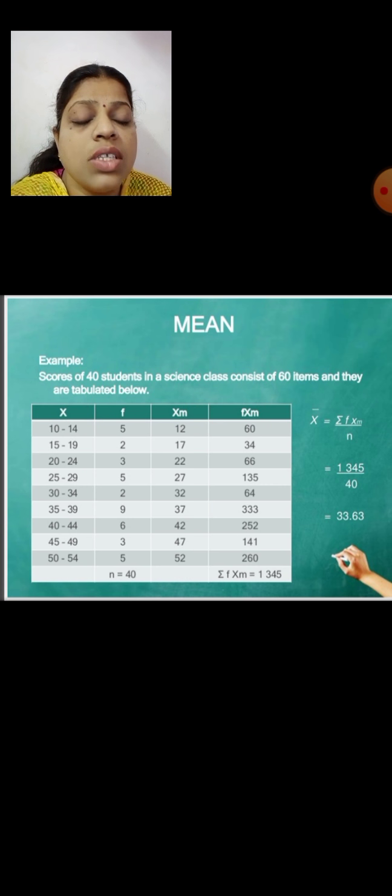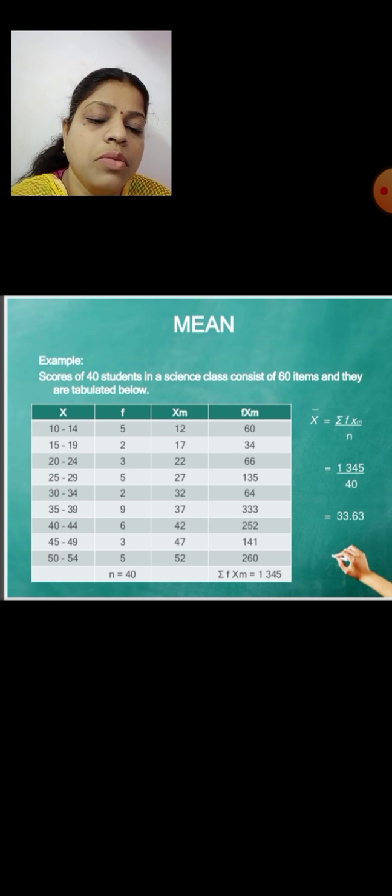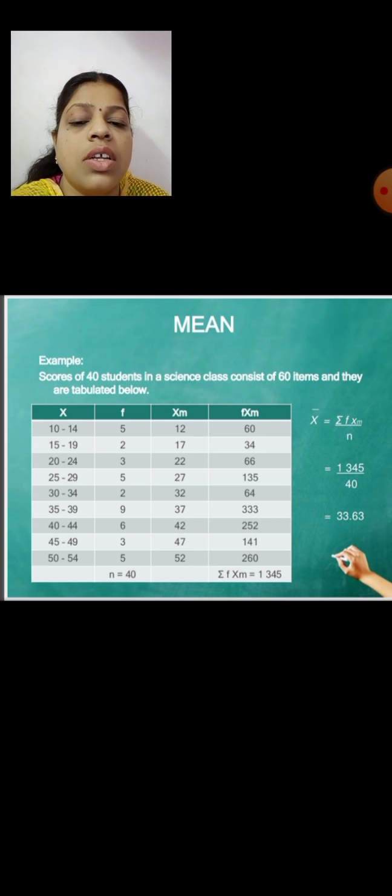So what is the answer? 33.63. This is the answer for this data. 33.63 is the mean for this grouped data. Children, this is the way we calculate the mean for grouped data.